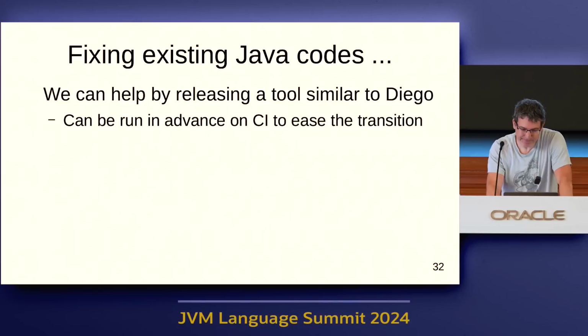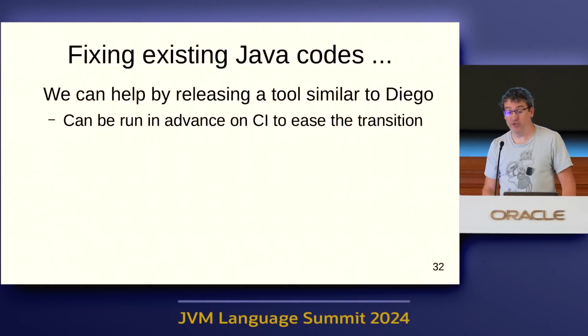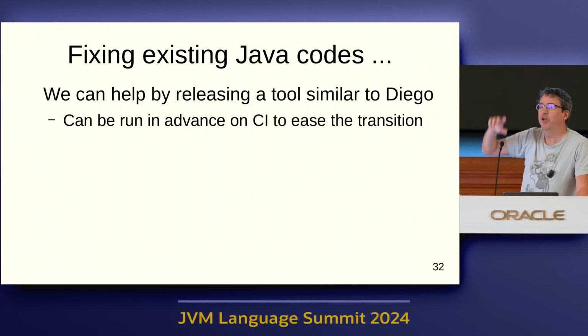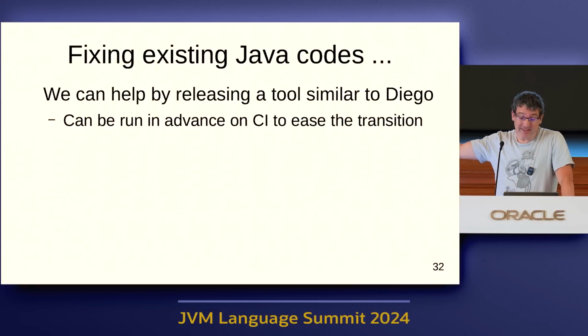So it will be hard to motivate, let's say us, to rewrite our code, to change code which may be unrelated to value classes. We can help. We can try to release a tool similar to our prototype. It's not a static analysis.